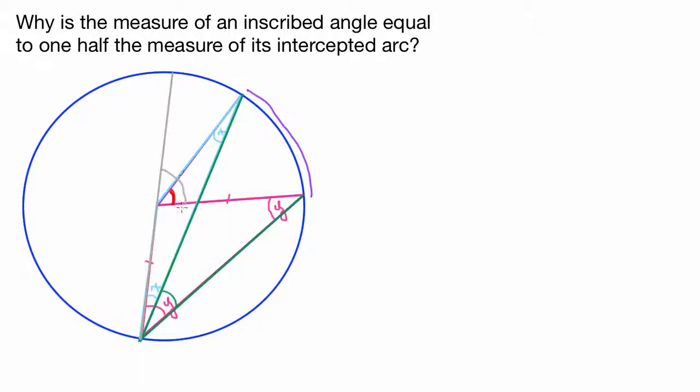We know that the exterior angle is going to equal the sum of the remote interior angles. So it's y and y, the two pink angles, because it was the pink triangle. So that means that this big angle here that I just drew is going to be 2y.